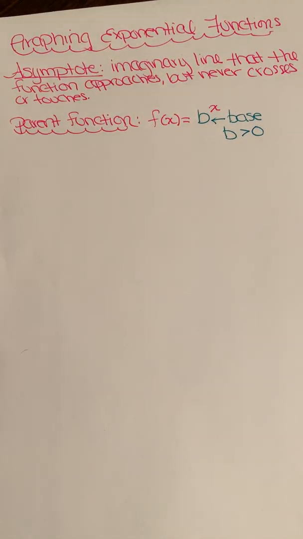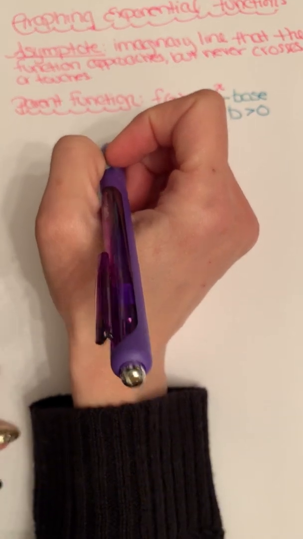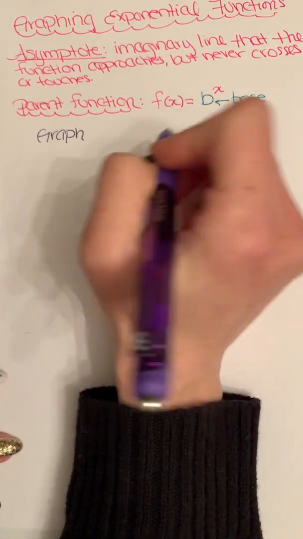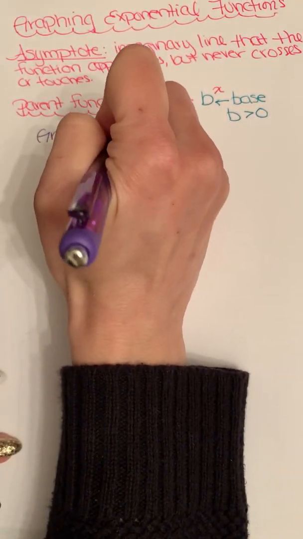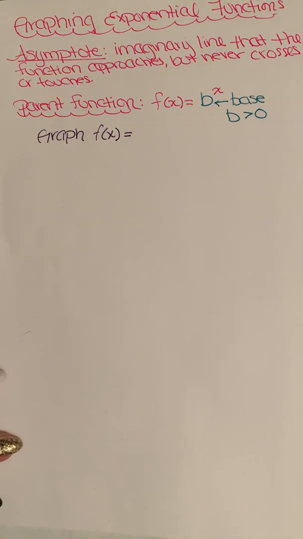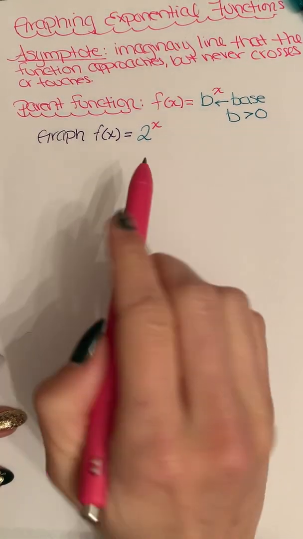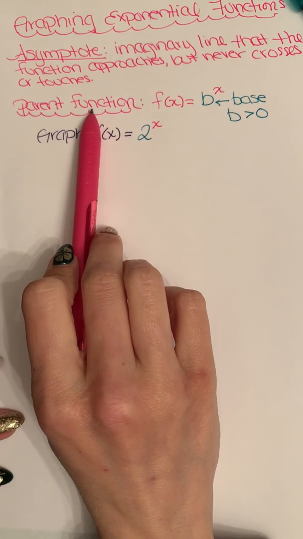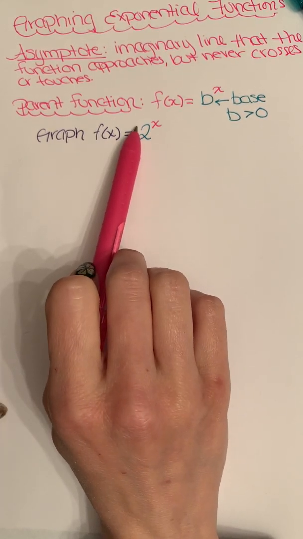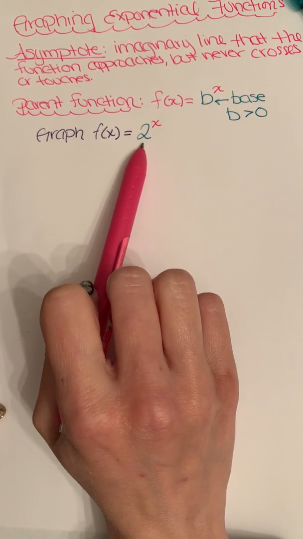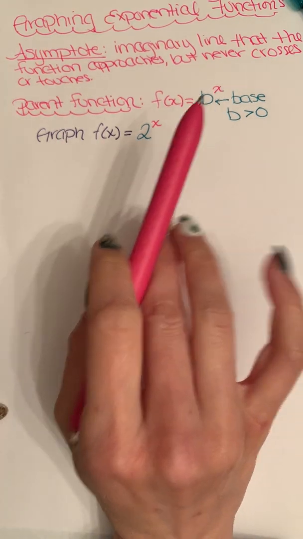So the parent function we're going to graph today is f of x equals 2 to the x. It is not always 2 for a parent function. If you see a 1/2 in the base, it doesn't mean that it went through a transformation.